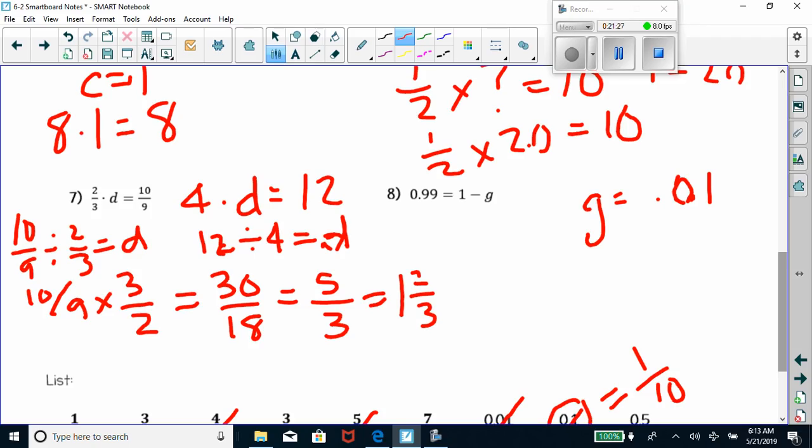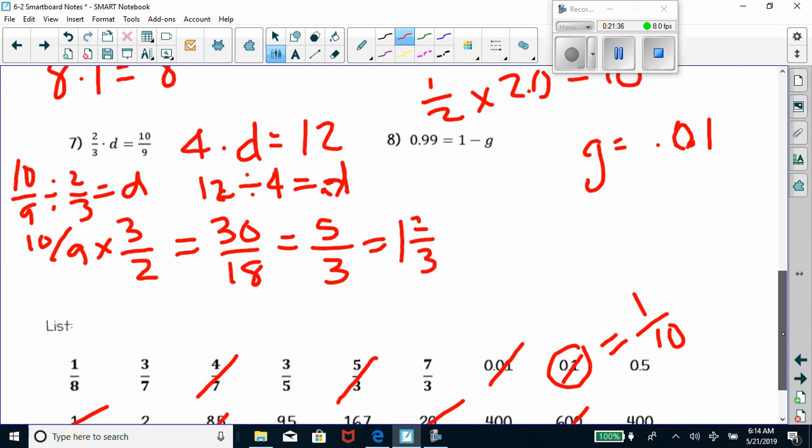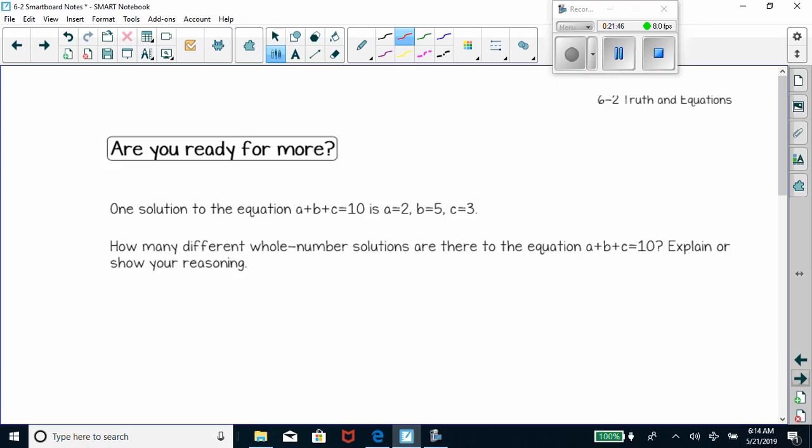And I also think sometimes using an analogy involving whole numbers to help you see what strategy you would use to solve it if it had whole number coefficients and stuff makes it a little bit easier. All right, are you ready for more?